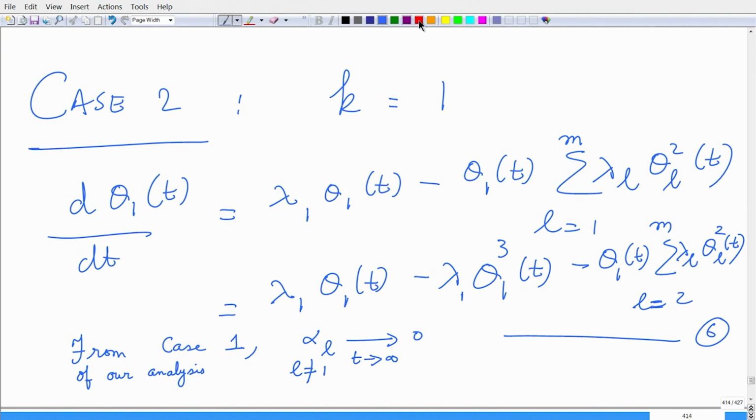But here is an important detail. From case 1 of our analysis that we just did earlier, αL for L not equal to 1 dives to 0 as t goes to infinity. So all these θL²(t) terms for L not equal to 1 go to 0.